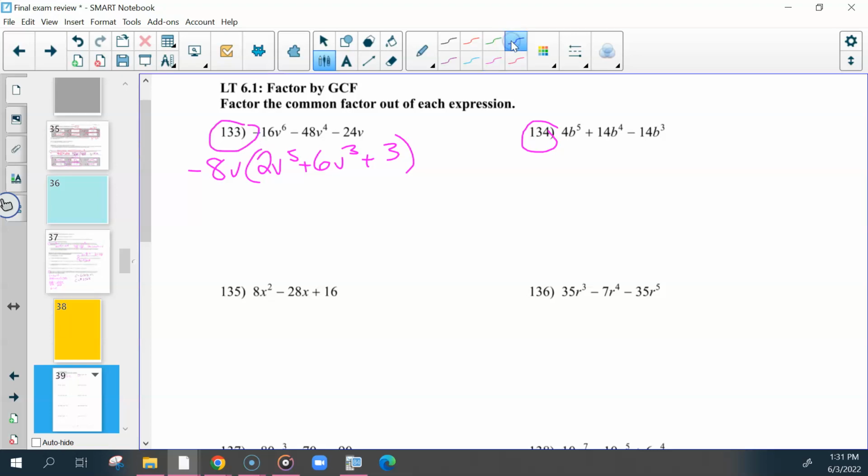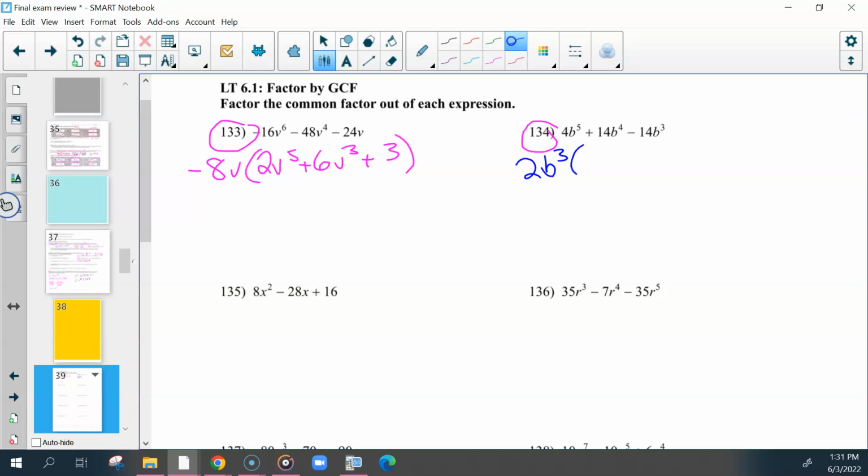For 134, same thing. Look for what these each have in common. I can divide 2 out of all of these. And I can divide a certain amount of b's, and it would have to be the lowest amount here. So I can take 3 b's out of each of these.